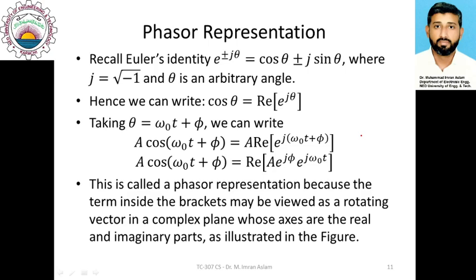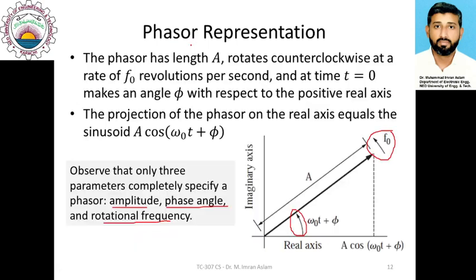And the second representation that we use to represent sinusoids is the phasor representation, where the sinusoid is represented as a vector in the complex plane. It makes the solution convenient by treating them as vectors, and different sinusoids can be analyzed by using vector analysis.